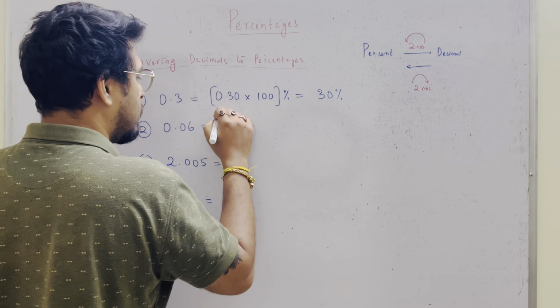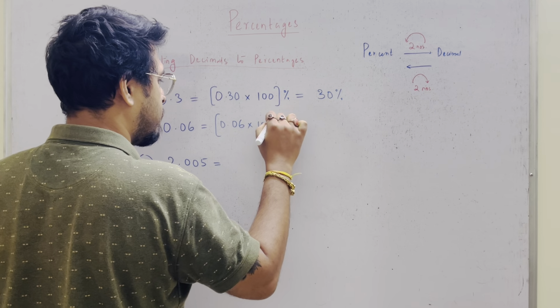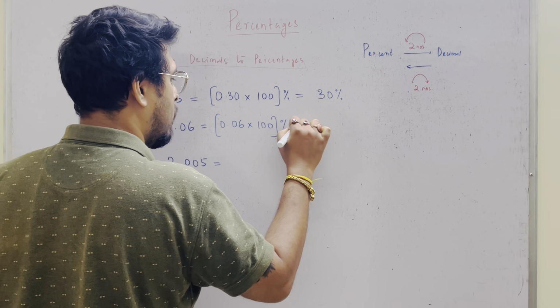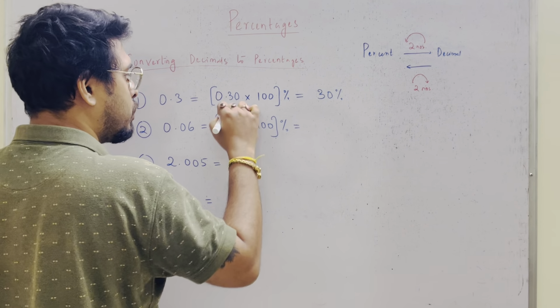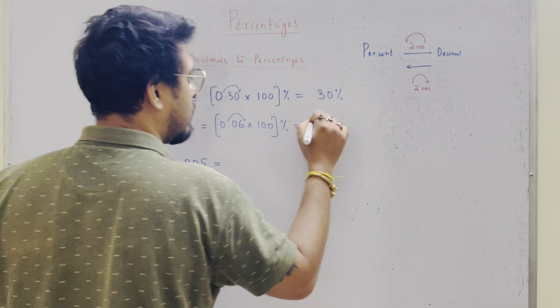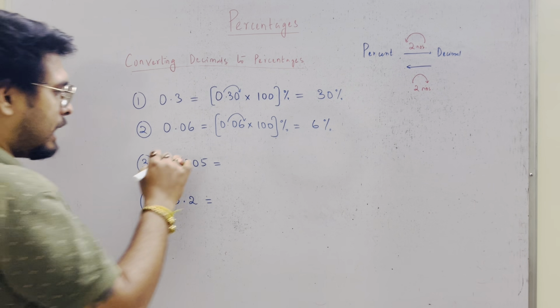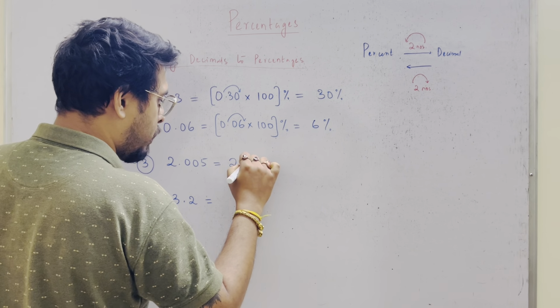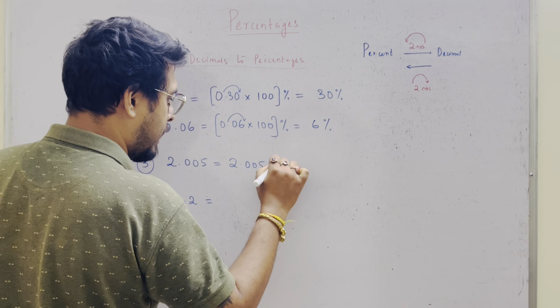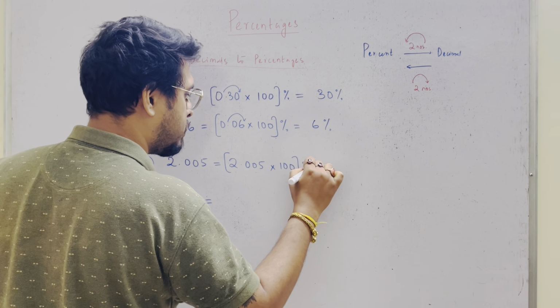Here also, first 0.06 times 100. 2 units to the right, so we will get 6%. Next, 2.005 times 100. Times 100 ensures the percentage.